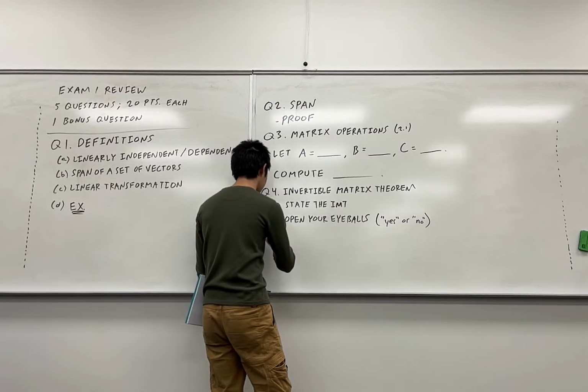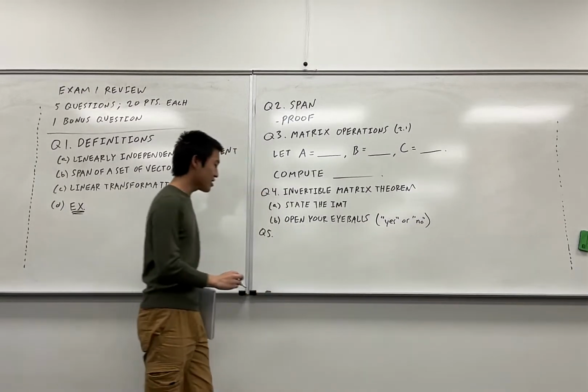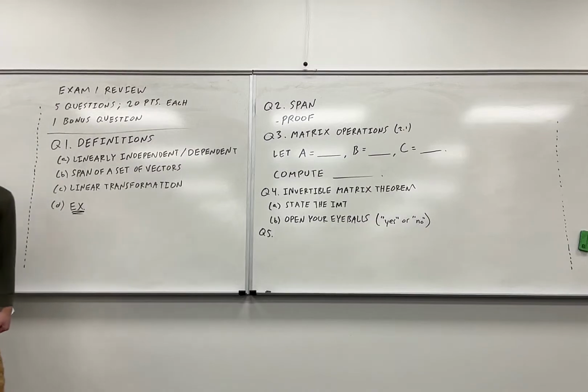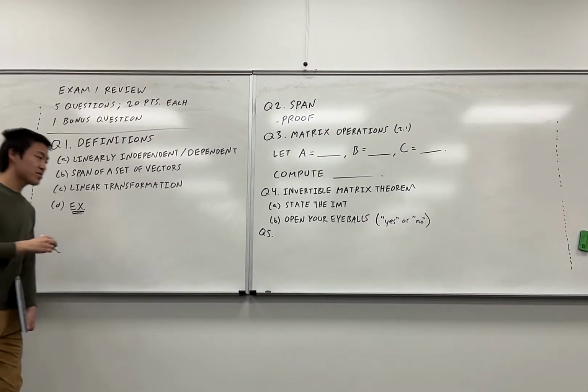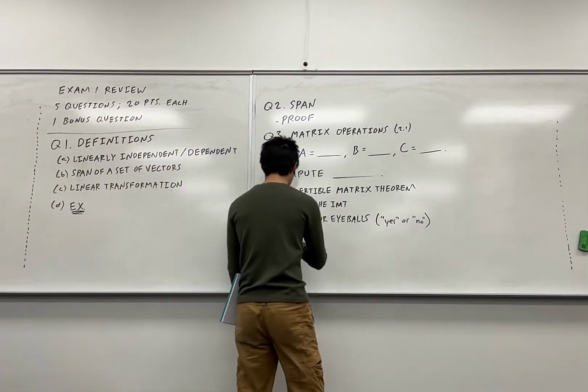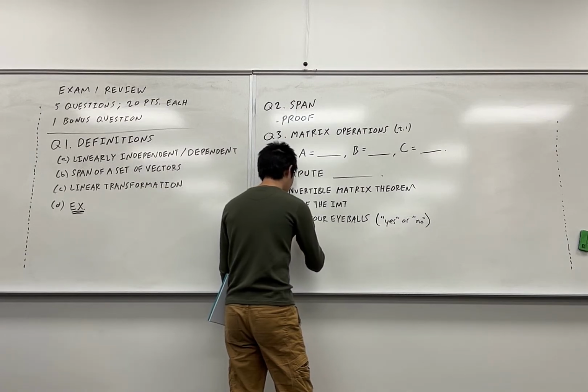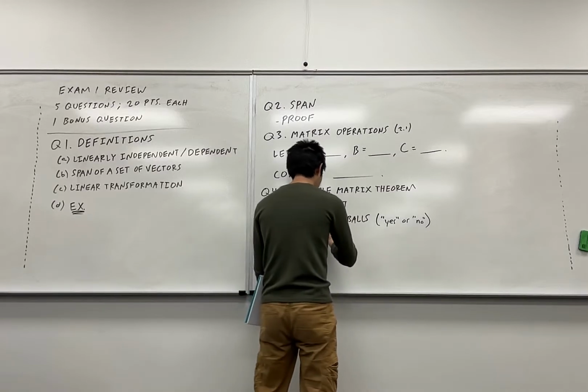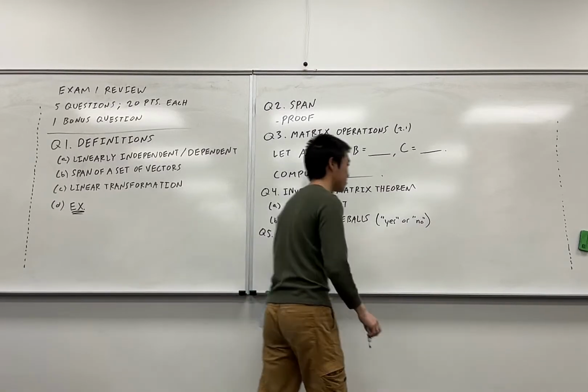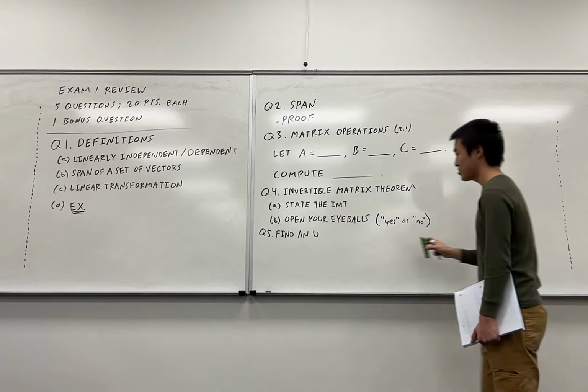Okay, question 5. The last question. Now, we haven't actually learned this, but we'll talk about it on Monday. Okay? So I'm just going to put down the topic. It'll be find an L. Well, that's not an L. It was close.